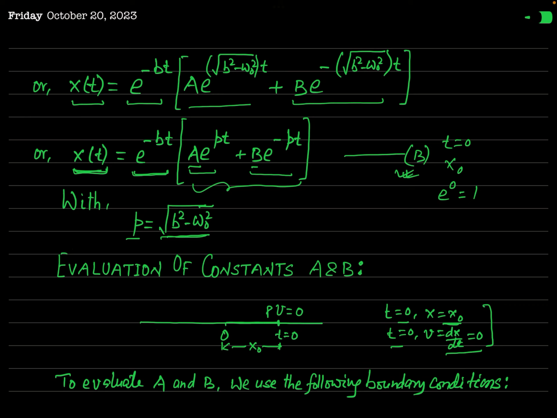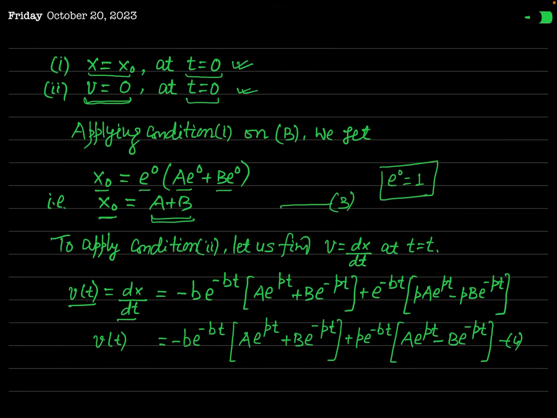Applying the rule of differentiation of a product of two functions, you can easily differentiate it. When we differentiate the factor e to the power minus bt, we keep the factor inside the square bracket as it is, and when we differentiate the factor inside the square bracket, we keep e to the power minus bt as it is. Let us see the derivative of this x.